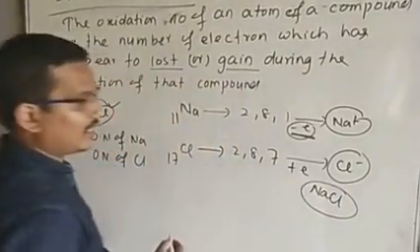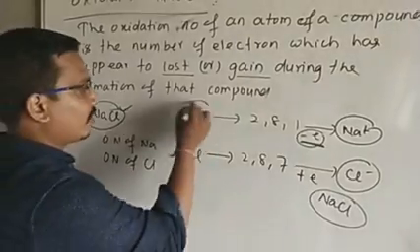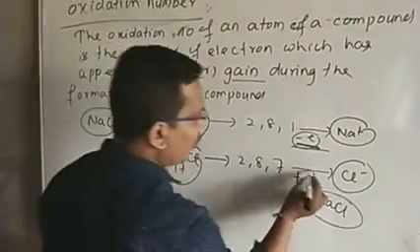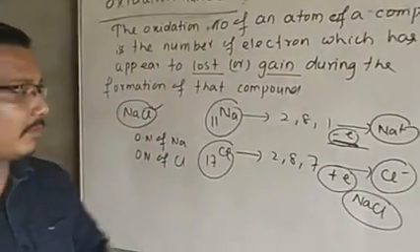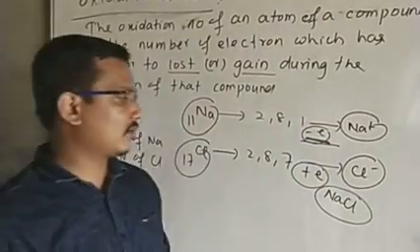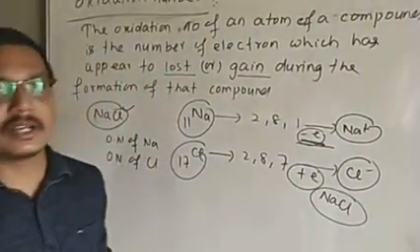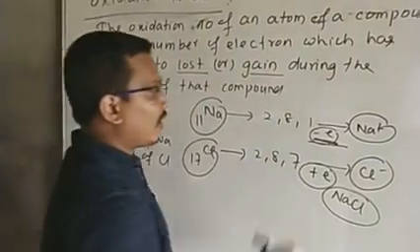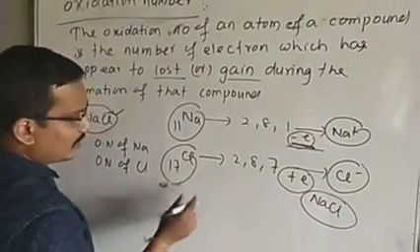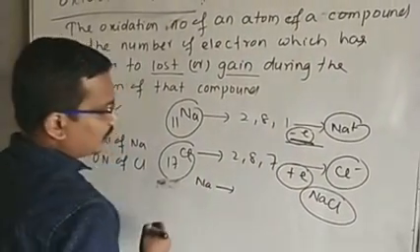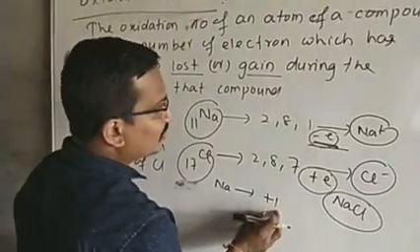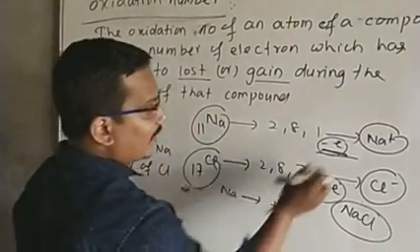During the formation of NaCl, the sodium atom loses one electron and the chlorine atom gains one electron. From this data it is clear that the sodium atom has oxidation number +1 because it loses one electron and carries a plus charge.